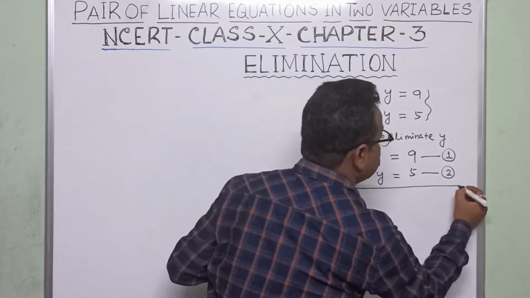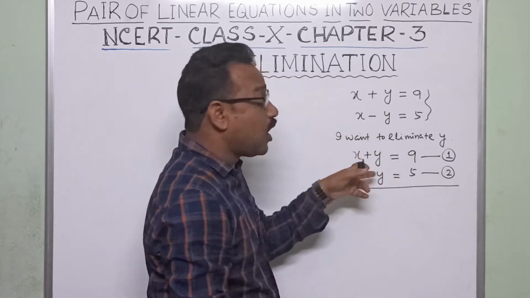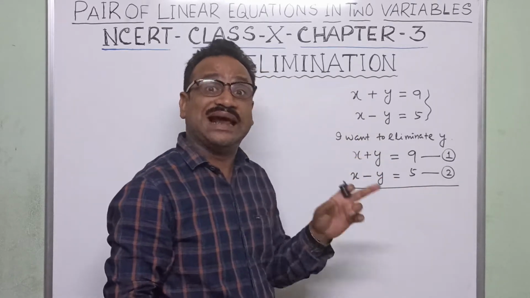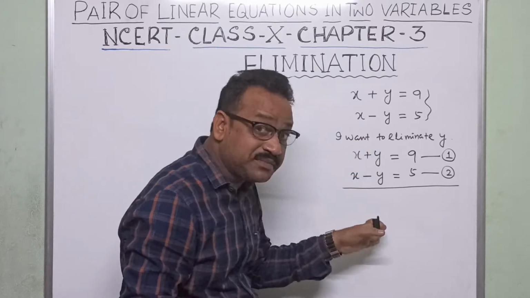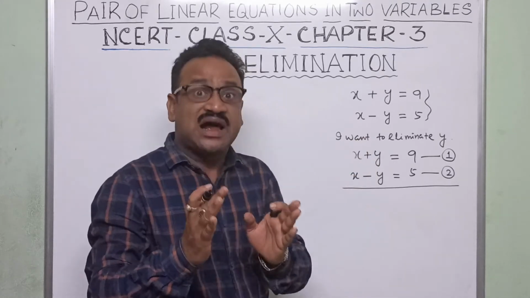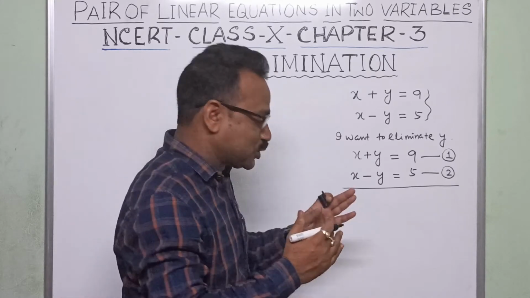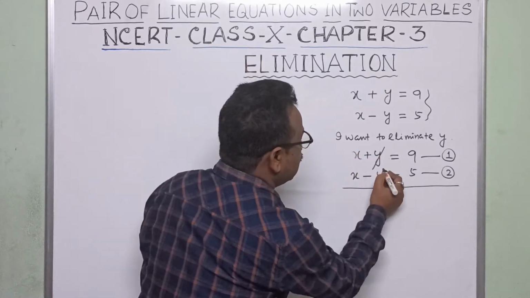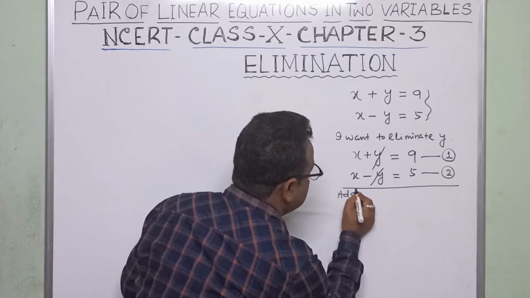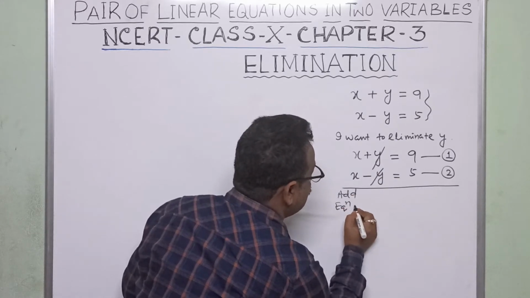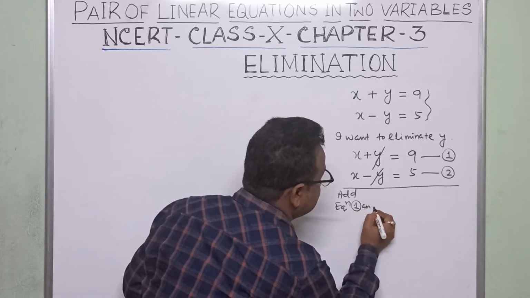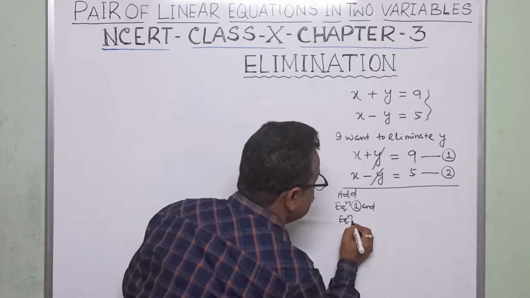So if signs are opposite, then we'll add. If signs are the same, then we'll subtract. I will explain in detail after this, giving another example also. So now we'll add equation 1 and equation 2.